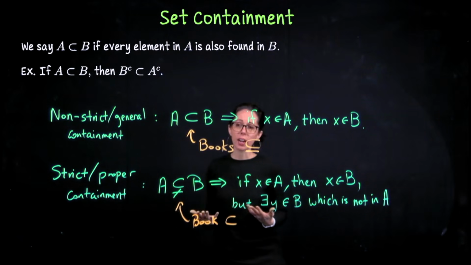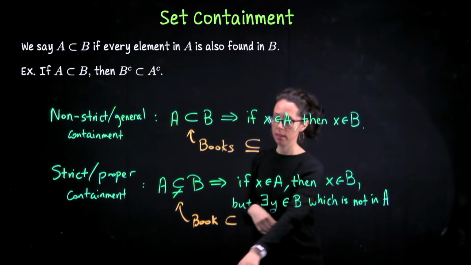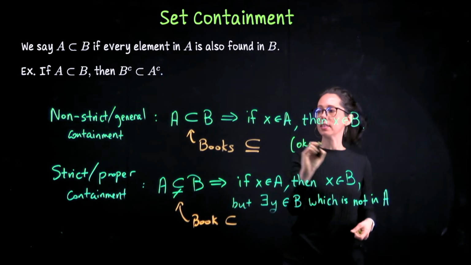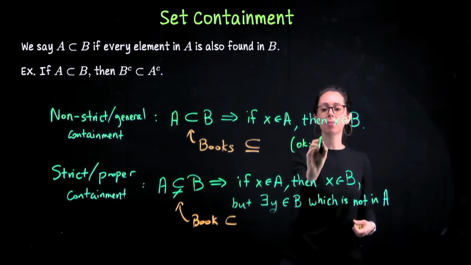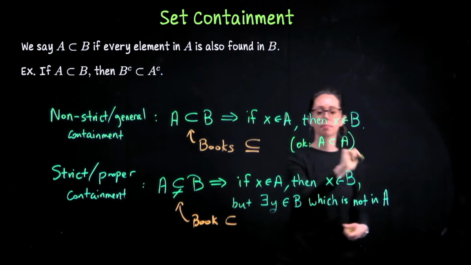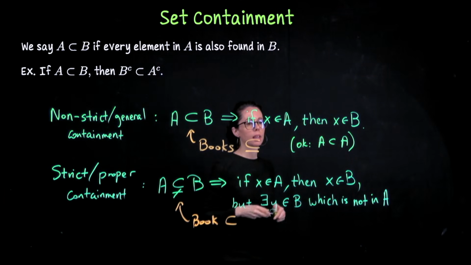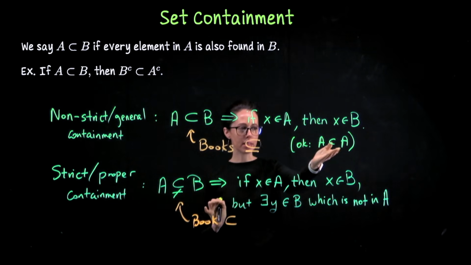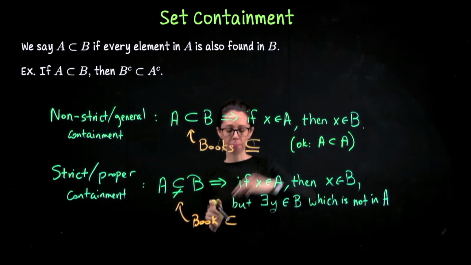It's perfectly fair for me to say, for example, that A is a subset of itself like this. So A is a subset of itself, but A is not a proper subset of itself. For me, this notation is okay.